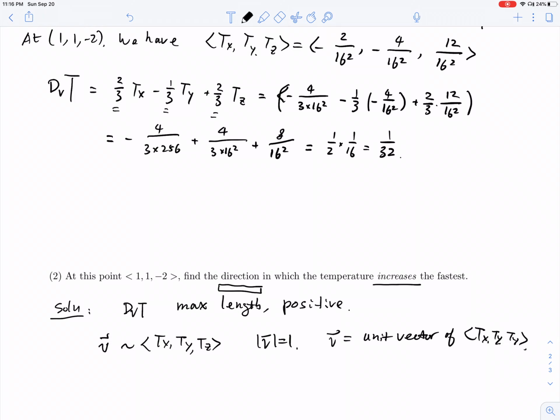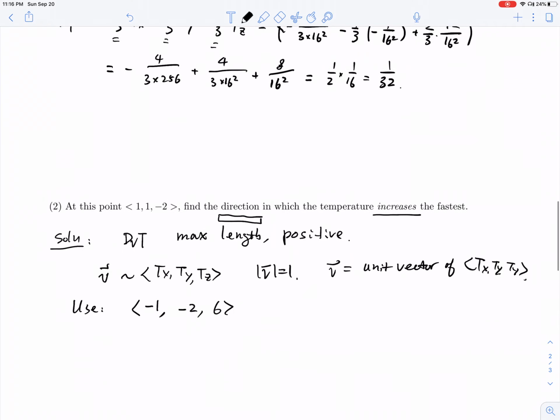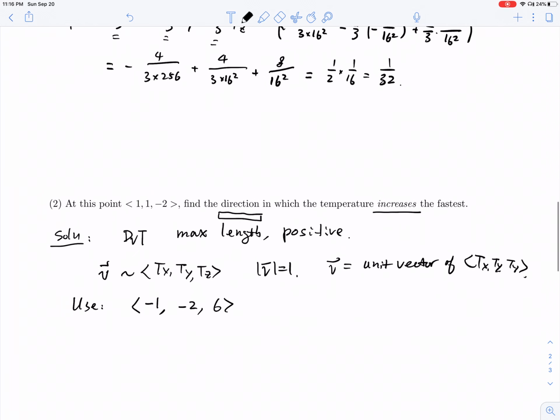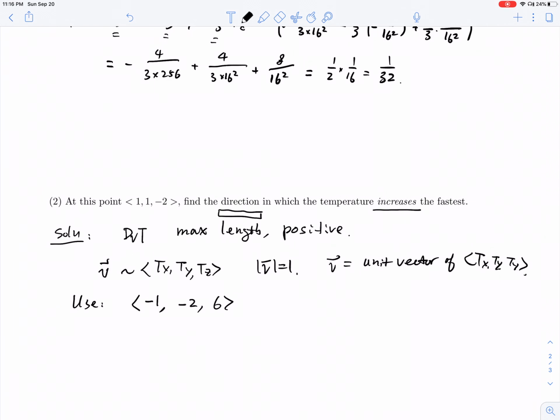Now, because we want the unit vector, we can throw away the common factor. So we will just use this one over here, you can just use (-1, -2, 6). But this one over here is not a unit vector yet, so we still need to normalize it. Let's call this vector A over here.